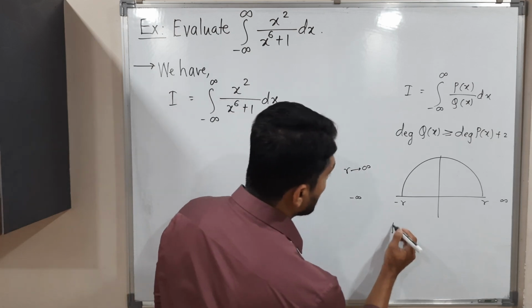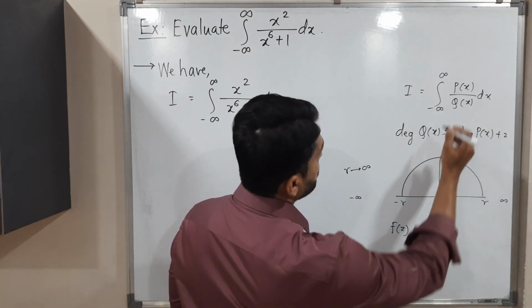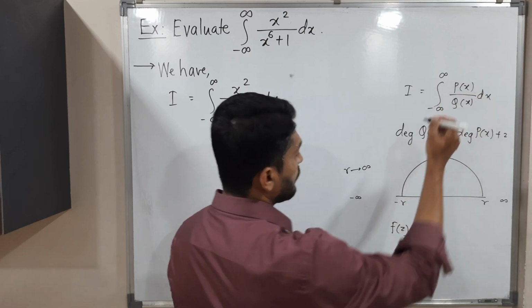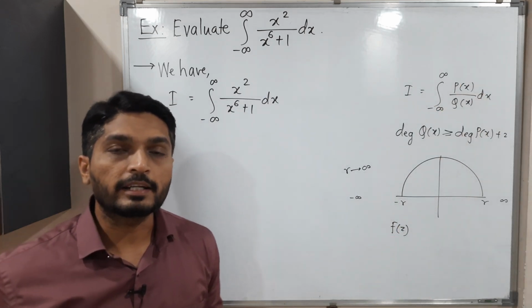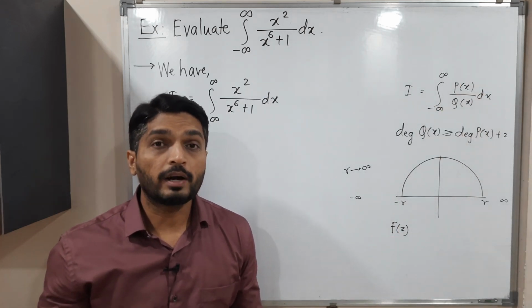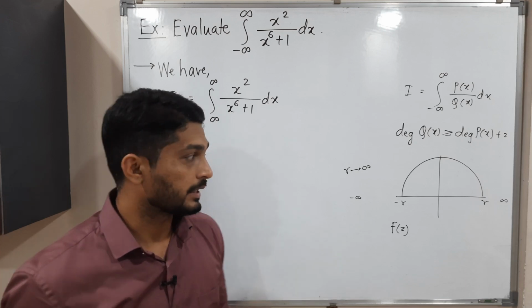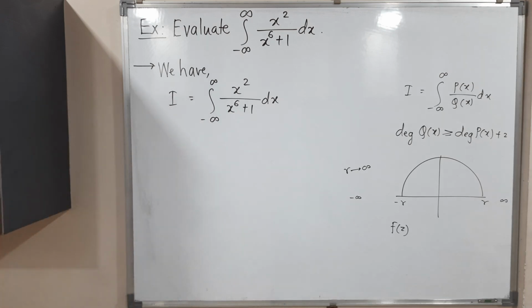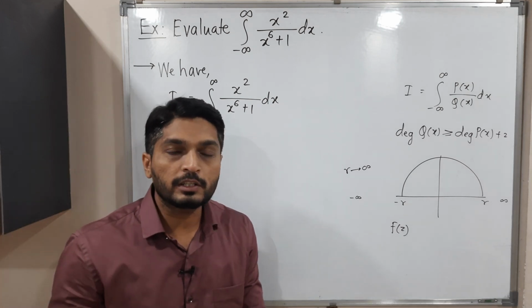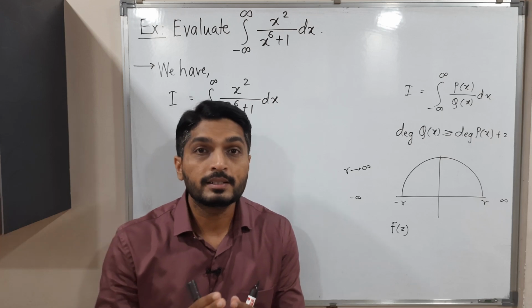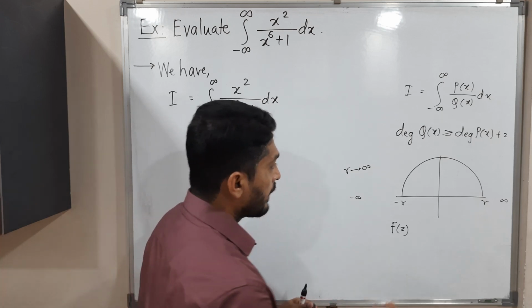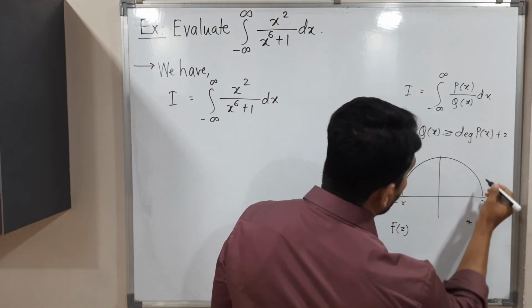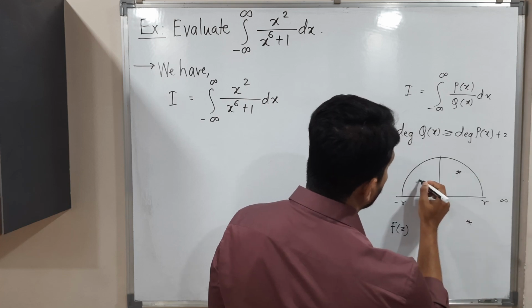After that we consider the function f of z. Whatever the function we have, we replace x by z and then we get f of z. We find the singular points of f of z. Singular points means what? A point where the function is not analytic, or generally we say the point where the denominator is 0. And we find their position. Some singular points can be here, somewhere here.